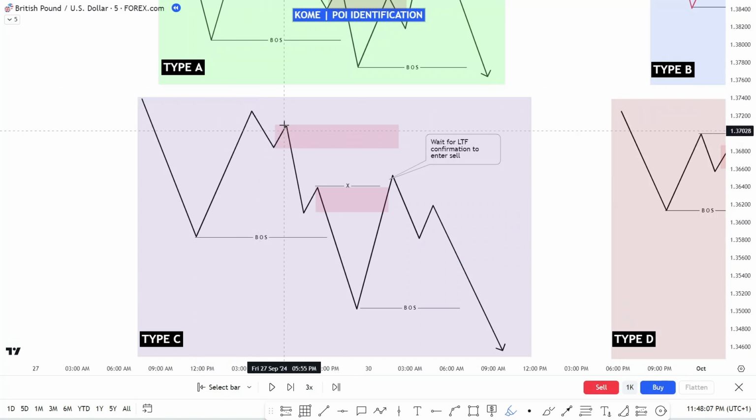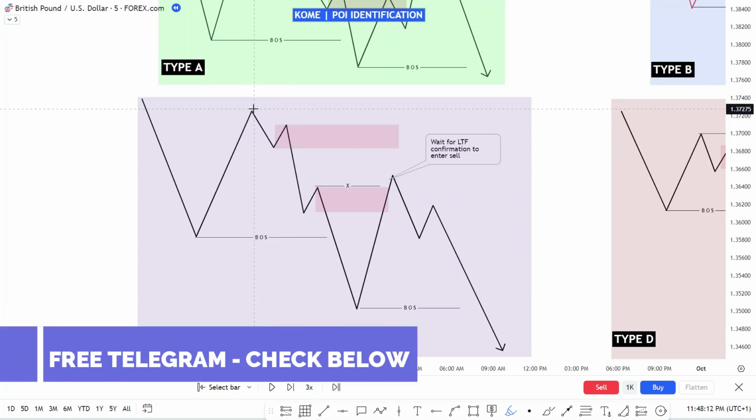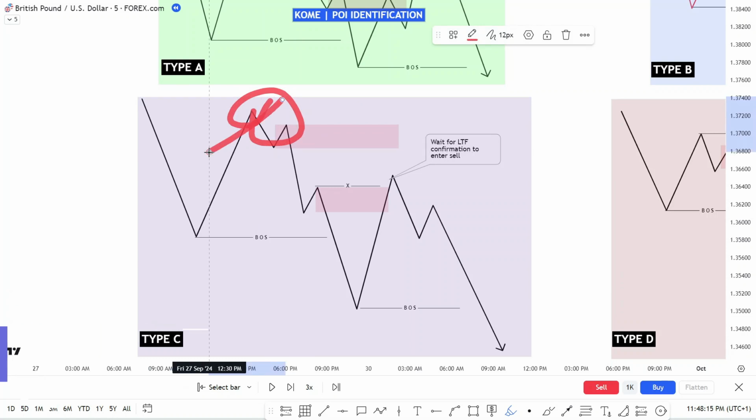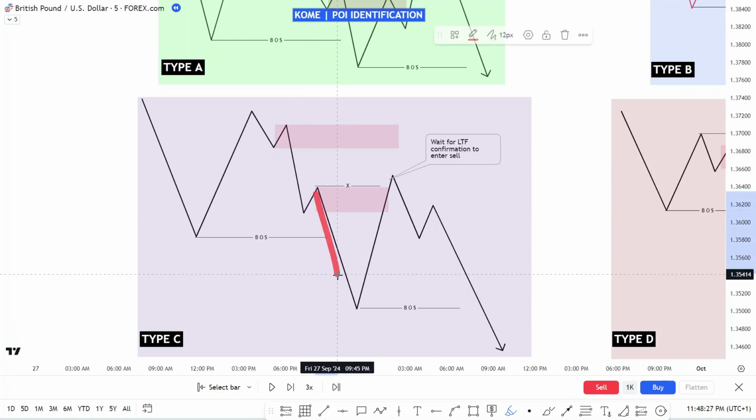The reason is there was no liquidity sweep, right? So there was no liquidity sweep, and this makes this zone a low probability point of interest. Now, what makes it a high probability point of interest is if it has inducement below it. Of course, this is an inducement. We have a break of structure.